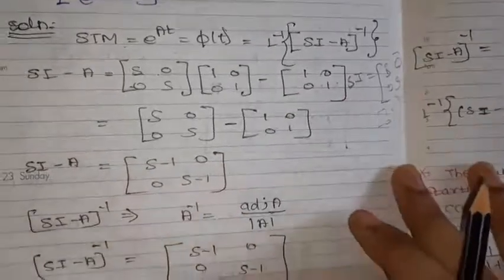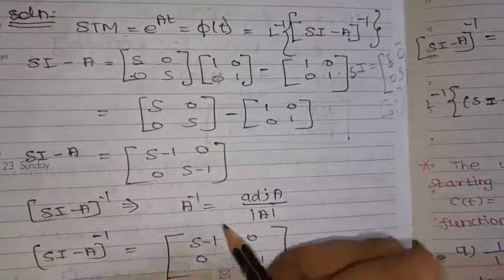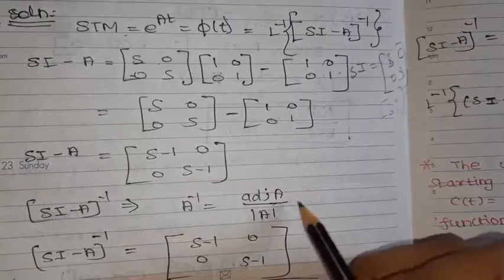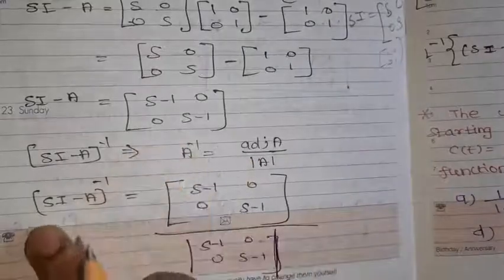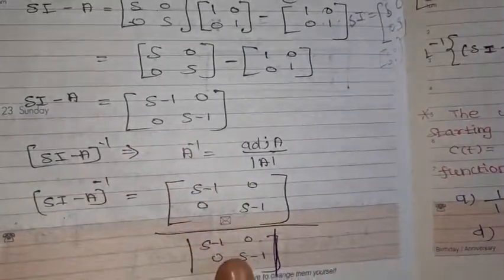So sI minus A. Then we'll find out sI minus A the whole inverse. So what is the inverse matrix? What is the formula? A inverse is nothing but adjoint of A divided by modulus of A. Similarly, we are going to find out for this. So (sI minus A) inverse is nothing but the adjoint of this one divided by the magnitude of this one.